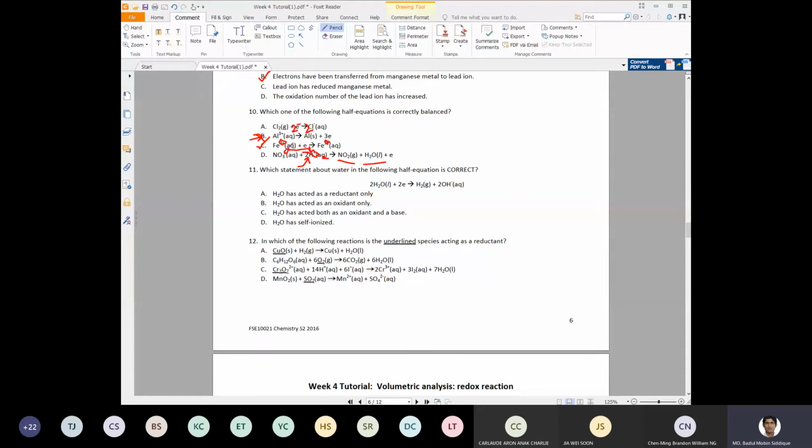So 1 of these hydrogen ions has been neutralized by this charge on the nitrate. So 1 of these hydrogens is neutralized by this negative charge, and I would need another electron to neutralize the leftover hydrogen charge. So this electron should have been on this reactant side, not on the product side.